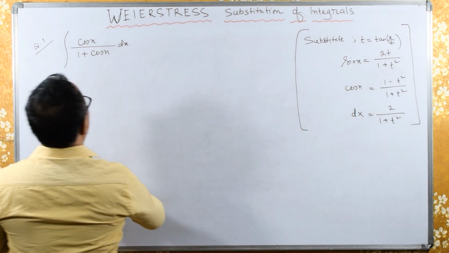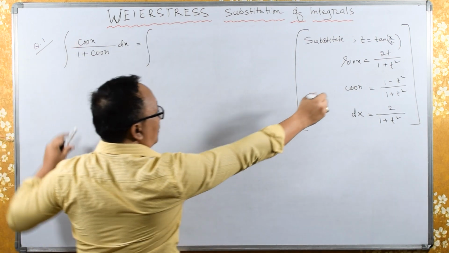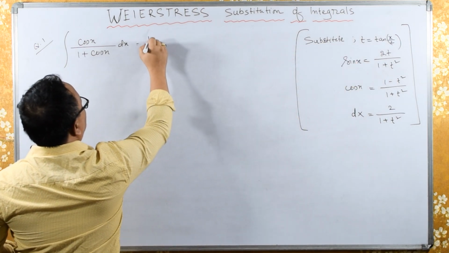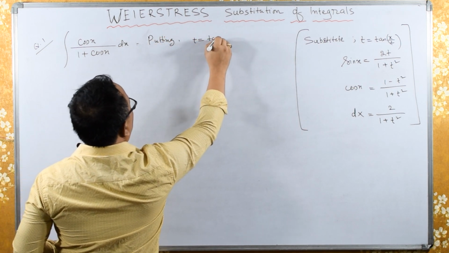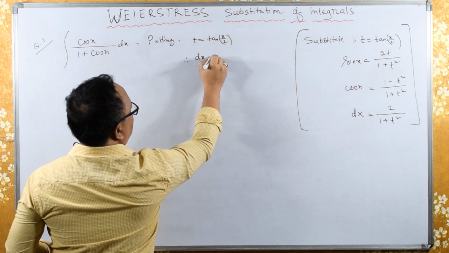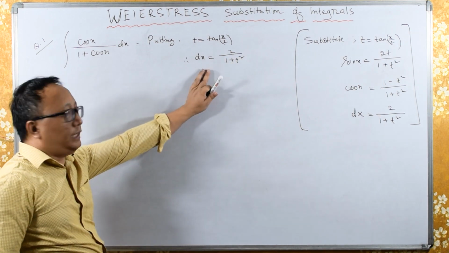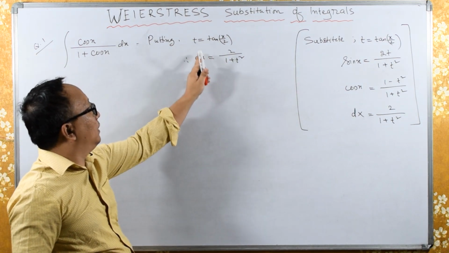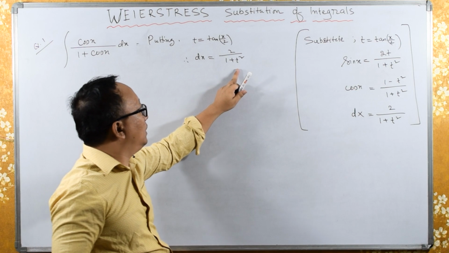Therefore, putting t equals tan x by 2, dx equals 2 upon 1 plus t square. I am writing this directly. How dx equals 2 upon 1 plus t square comes from t equals tan x by 2, you can check in the previous lecture.